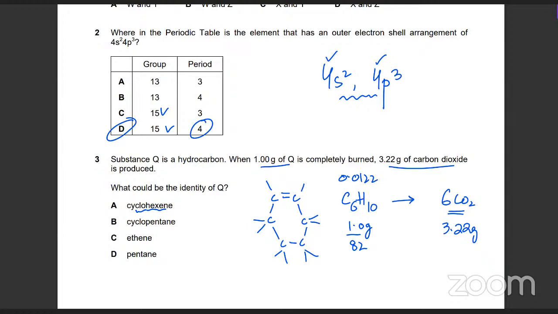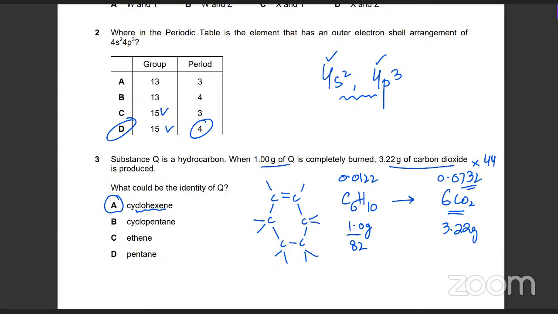What do you get? 0.0732, sir. Yes, sir. So multiplied by the MR, which for carbon dioxide is 44, you get 3.22. So A is the answer.